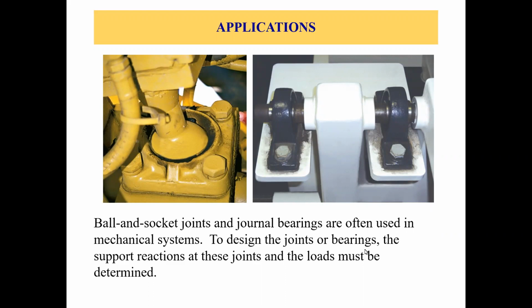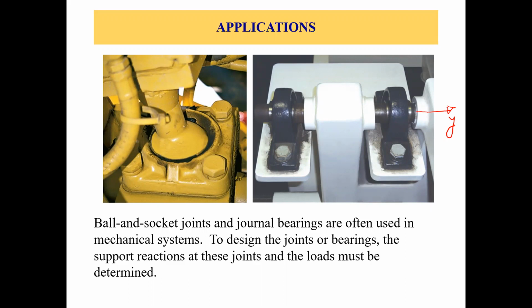Now, if you look at the picture on the right side where we have a journal bearing, this journal bearing is restricting the move in X direction and restricting move in Z direction. But if this is the Y axis, then the shaft inside or the bar inside can move along the Y direction, right?